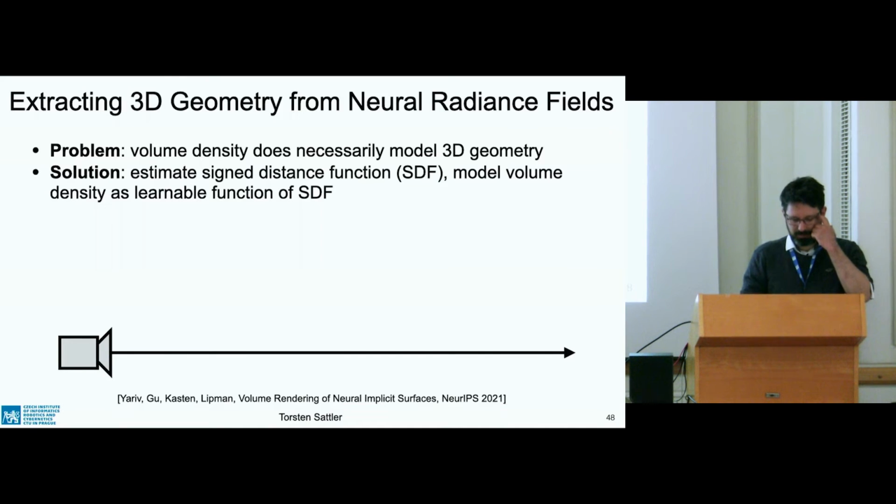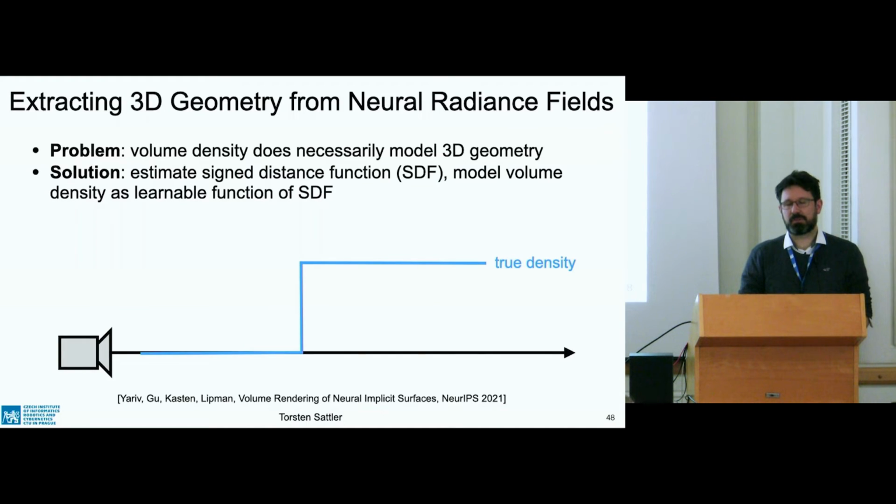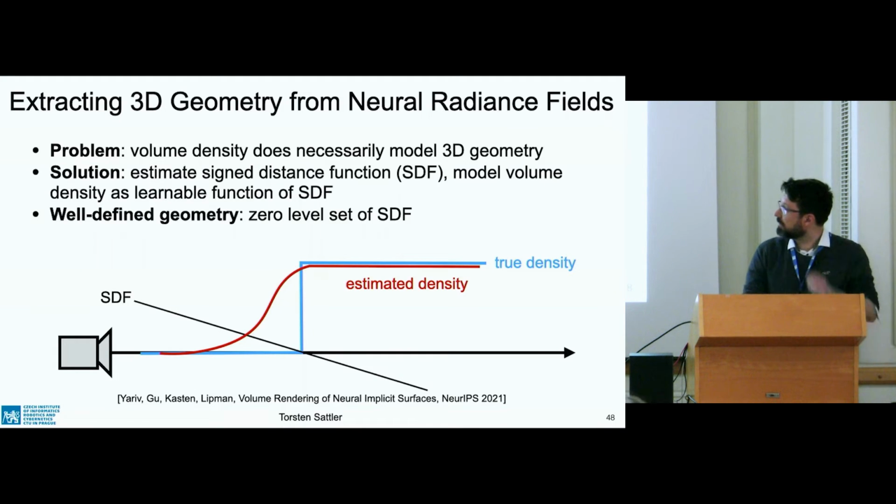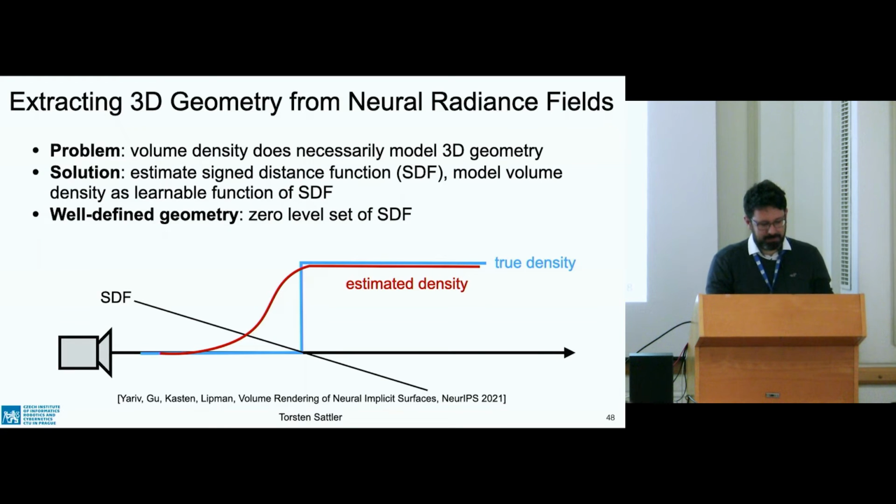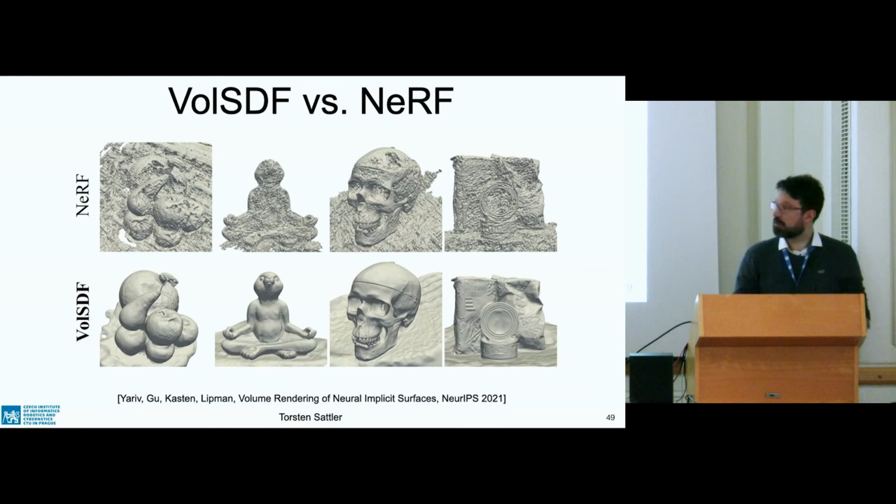And this helps because from a signed distance function, the geometry is well defined, essentially as the zero level set of the signed distance function. Once I've trained this model, I can run something like a marching cubes algorithm after I subdivide the scene into voxels. If you do this, you get significantly better geometry.